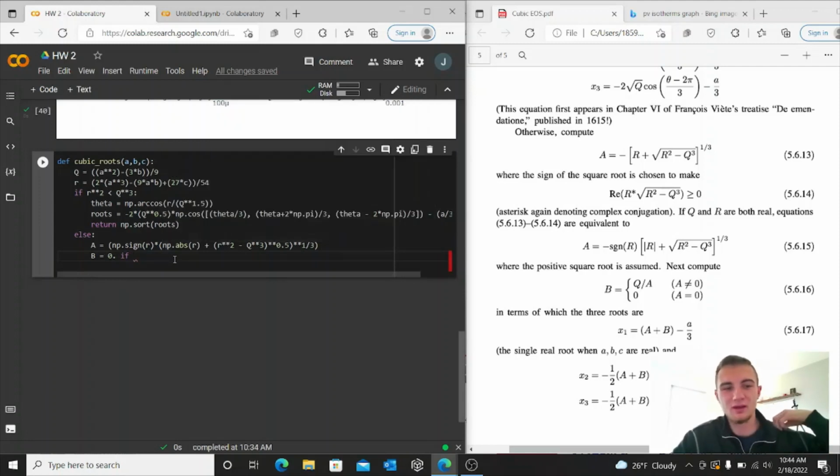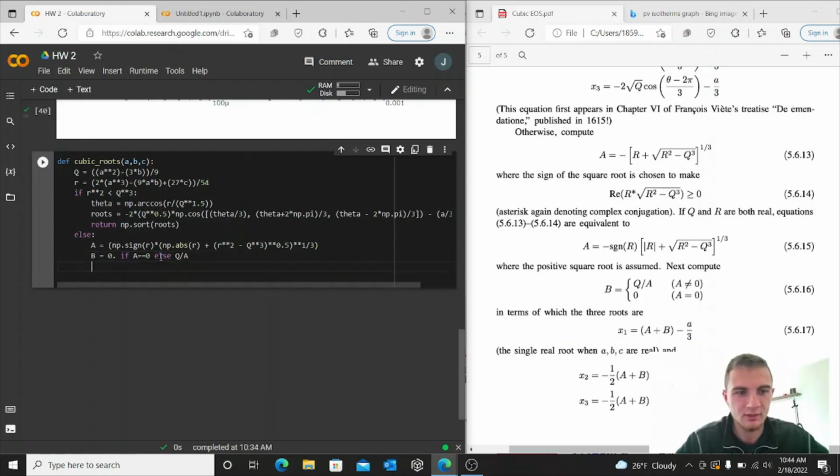So b will equal 0 if a equals 0. And we have to put two equal signs here because this is a condition. We're not setting a equal to 0, it's just a conditional. So we'll say b equals 0 if a equals 0, else, so if a is not equal to 0, b will be q divided by a.